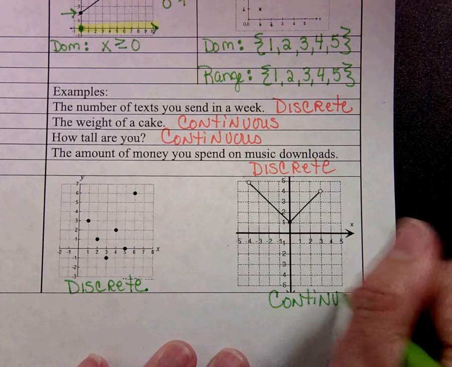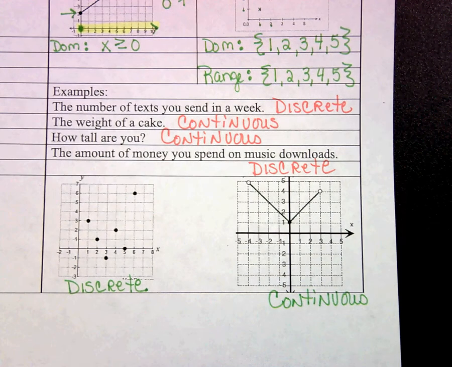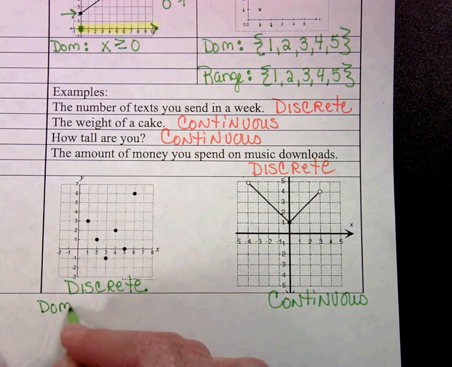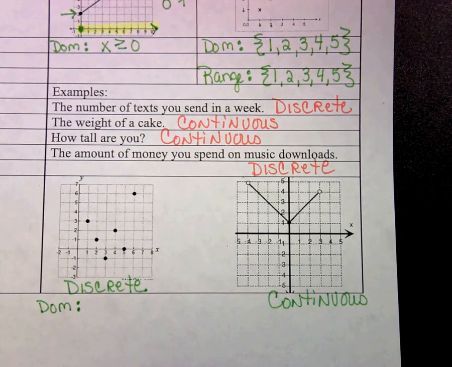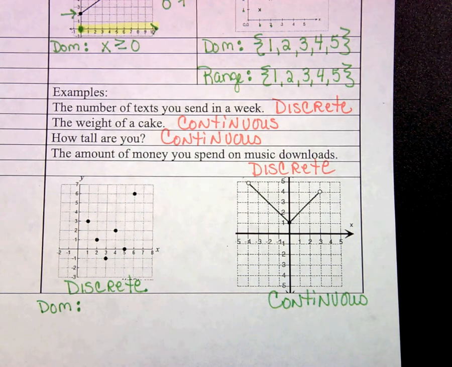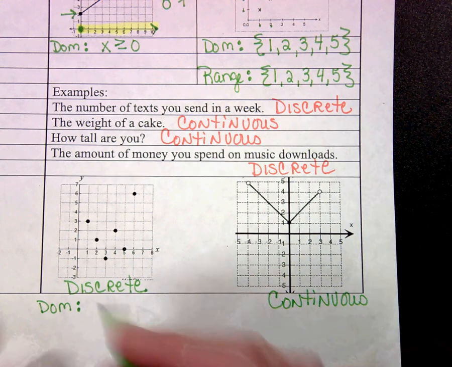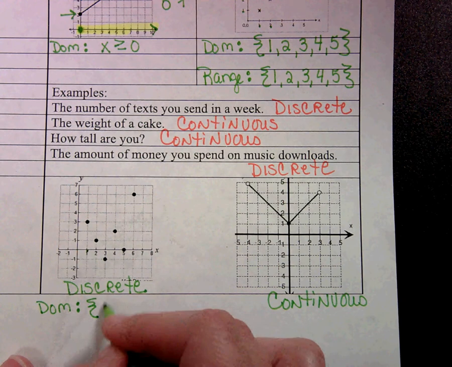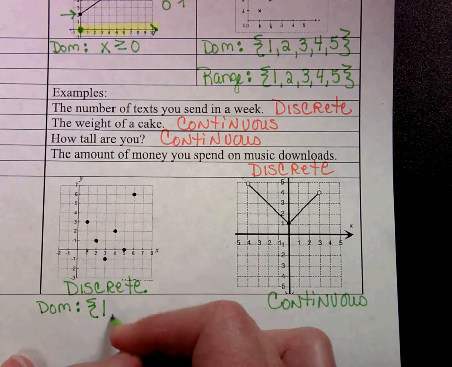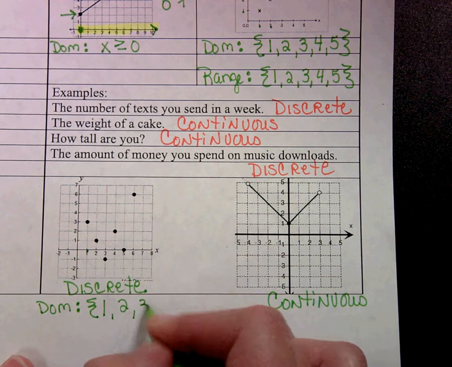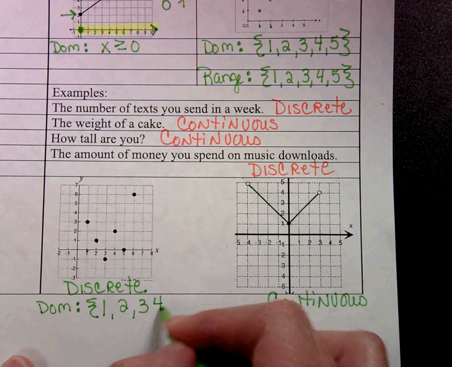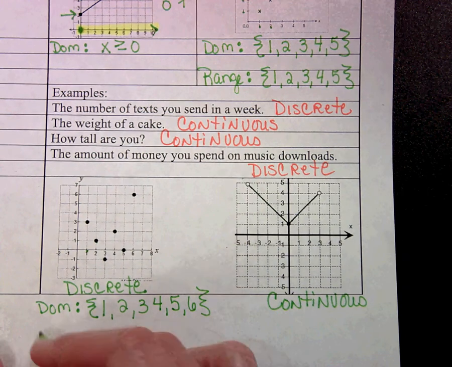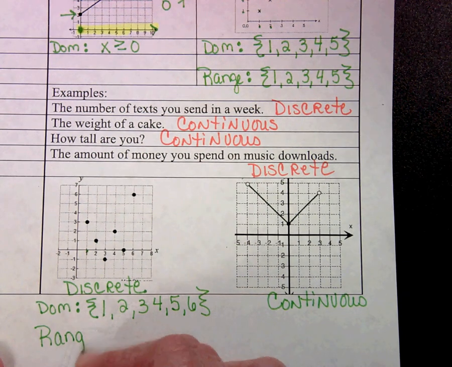And so now what I want to do is look at identifying what the domain and range is. Remember, domain is the set of all the x values, and so we're going to list all the x values for this graph. So on here we have 1, 2, 3, 4, 5, and 6. Remember, discrete is a set of numbers.